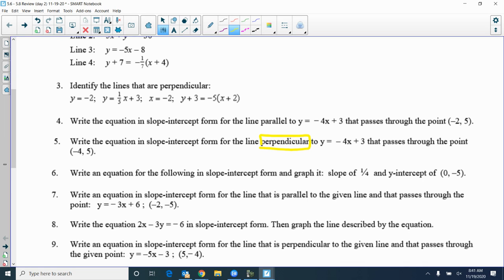What's 1/4 times -4? Good, -1. So 5 equals -1 plus b. Add 1, 6 equals b. Since I used my positive 1/4 here, I have to use that in my answer. So it's going to be y equals 1/4 x plus 6.